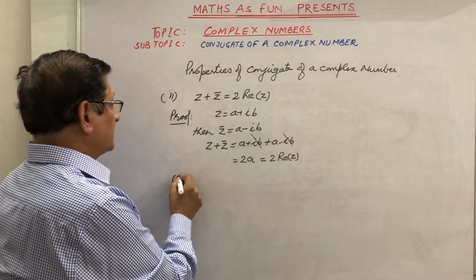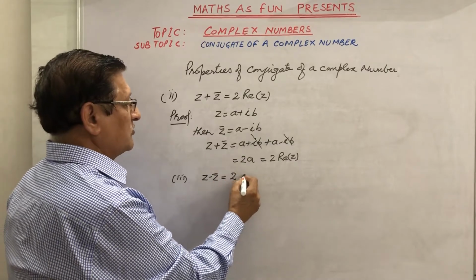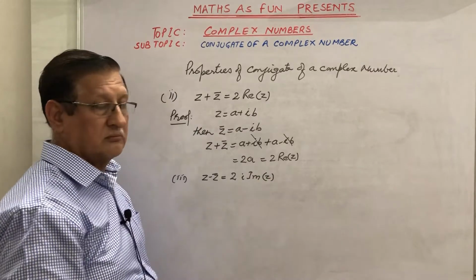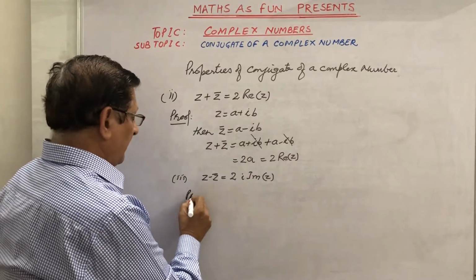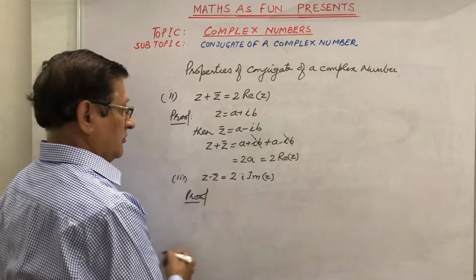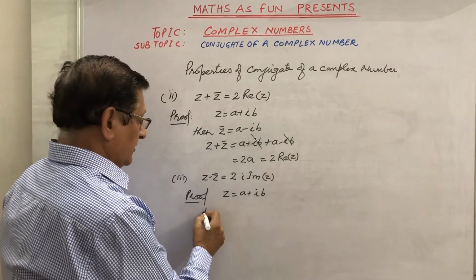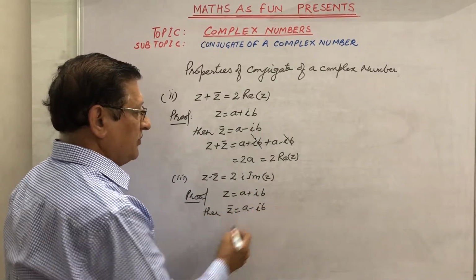The third property comes as z minus z bar is equal to twice iota times the imaginary part of z. Let's take the proof of it. Z is a plus iota b, suppose. Then we know z bar is equal to a minus iota b.